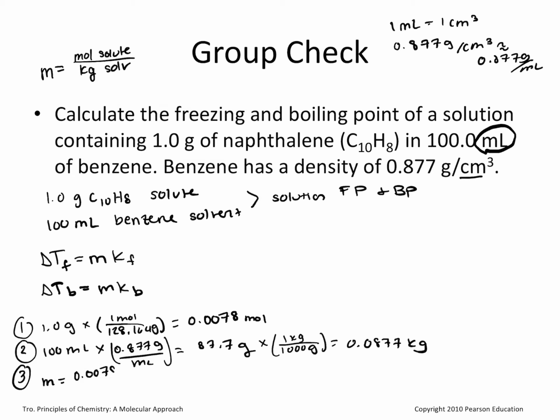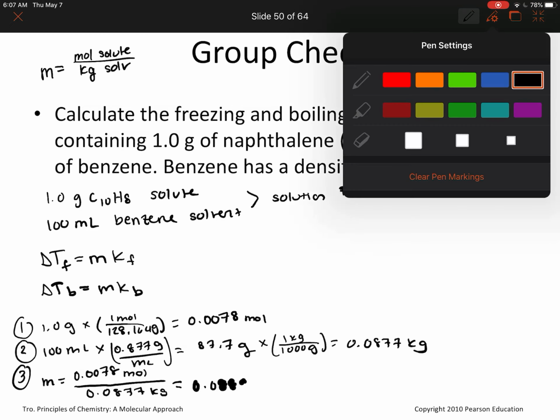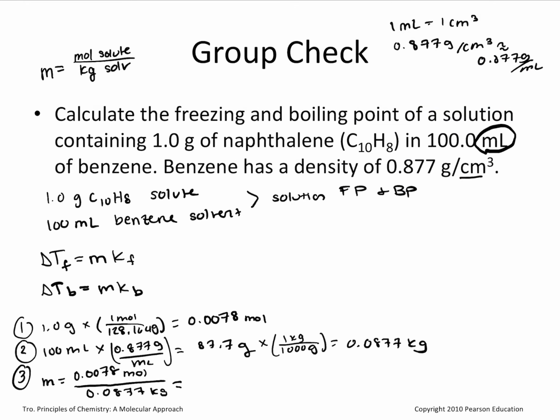That gives me 0.0877 kilograms. Now I have enough information to solve for my molality: moles of solute, 0.0078, divided by kilograms of solvent, which comes out to 0.0889.